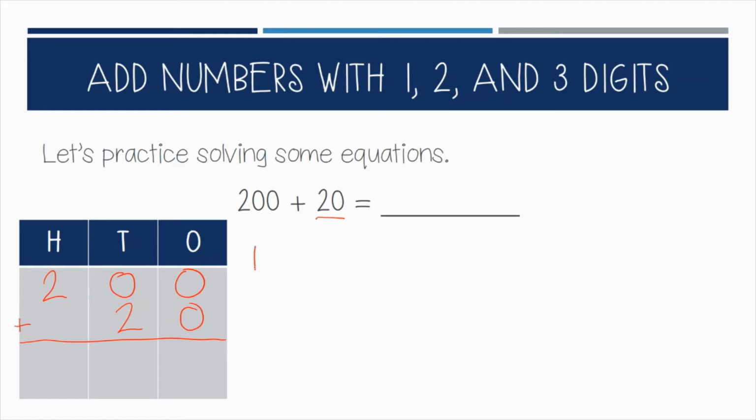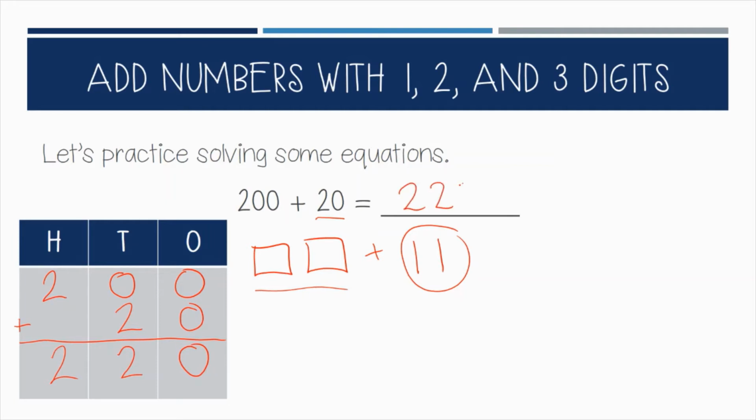So if I draw this out, I get 200 plus 20. So it's not as easy as the last one, because the last one I just had to add up my hundreds. So if I look at it, I can see I have 0 ones and I have 2 tens. I'm going to put a 2 in my tens. And then I have 2 hundreds, so I'm going to put a 2 in my hundreds. So 200 plus 20 is equal to 220.